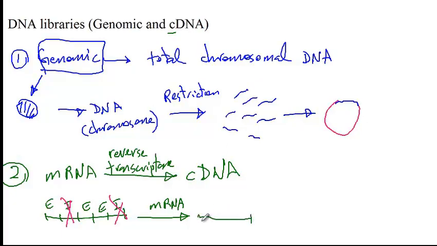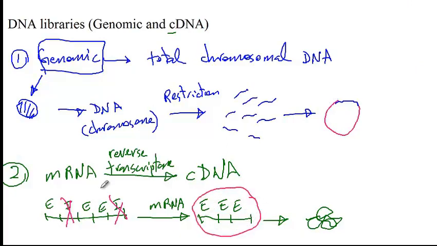So the new mRNA will be representing only the exons, and therefore the protein that is being produced is only from exons. Now for creation of cDNA, we are using this mRNA right here. So there are no introns once we are creating the cDNA, and therefore it's much shorter than the genomic DNA, and so it gives us the advantage of being easier to be cloned in different vectors and different plasmids.